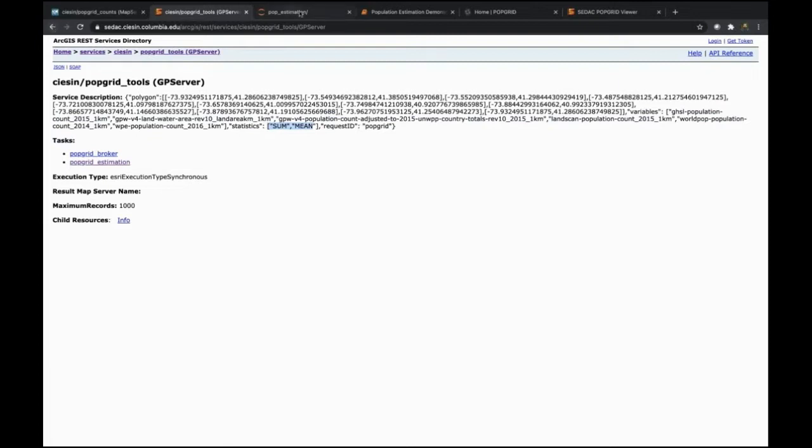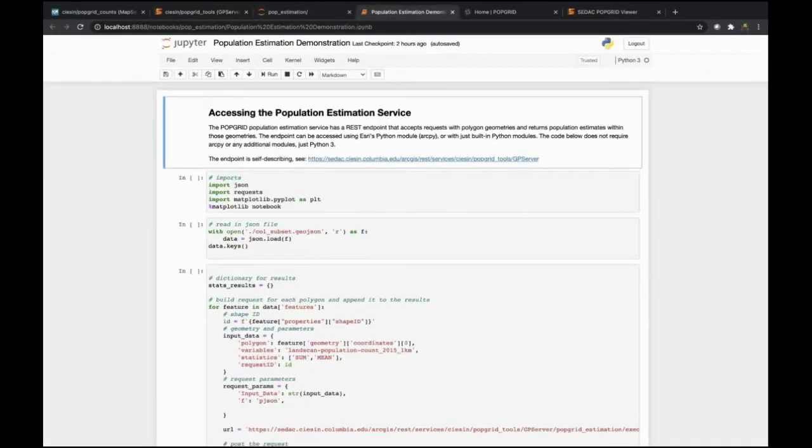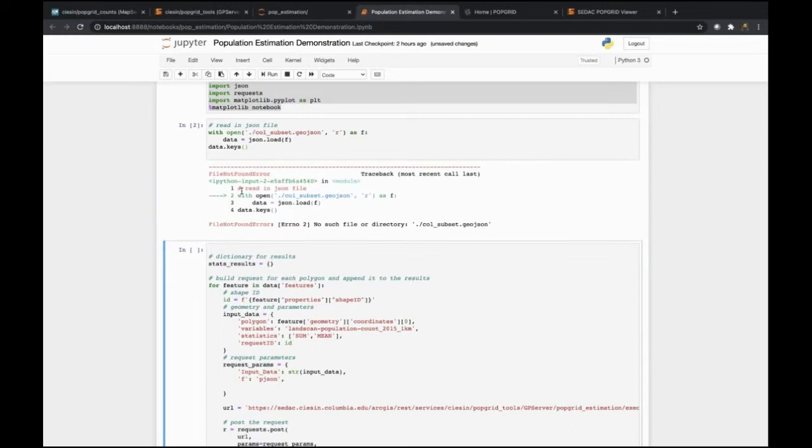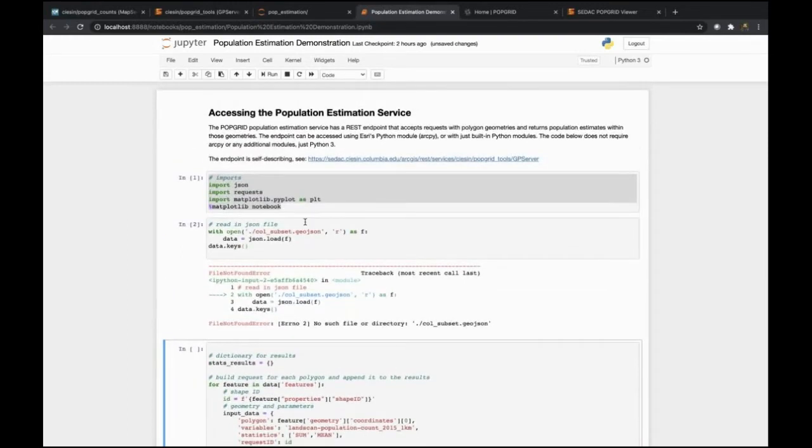So if I go to the live version of this Jupyter notebook, which I'm running on my laptop, if you're familiar with Python, this should look familiar. If you're not, I wouldn't worry about it too much because we can't parse all of this Python in a short demo. But I can import these libraries, which are standard libraries that come with any modern Python install. And I can open that Colombia JSON file. This is the way live demos go.